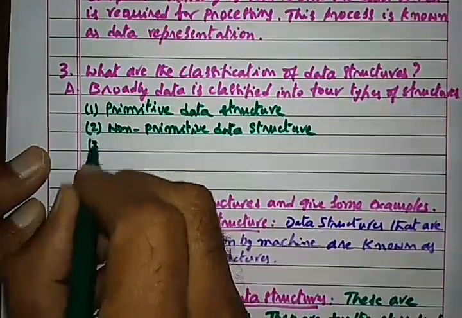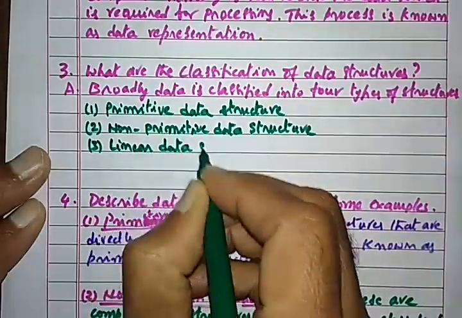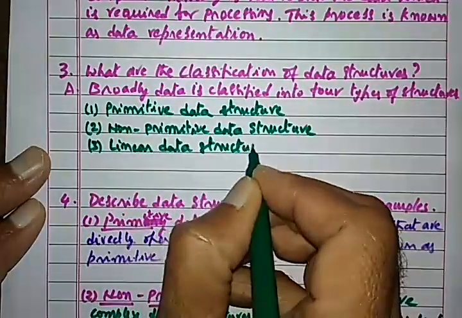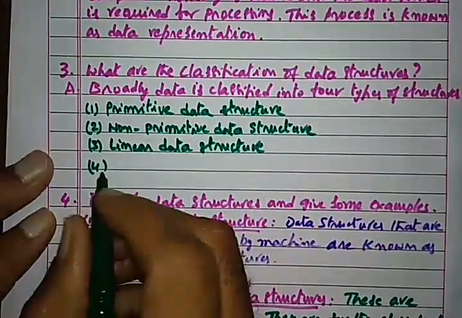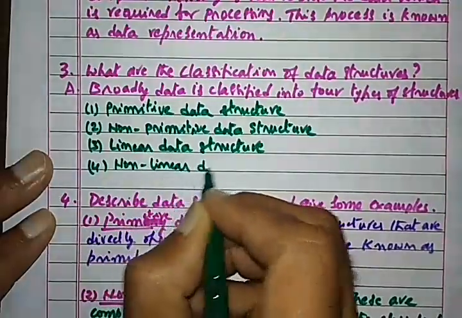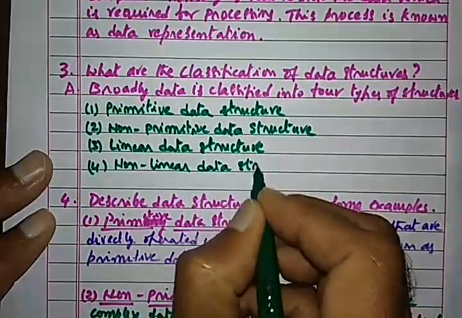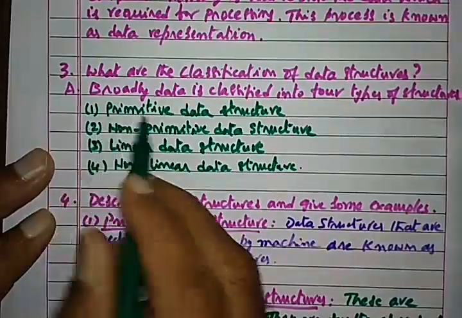Third one is linear data structure, and fourth one is non-linear data structure. So primitive means very basic.